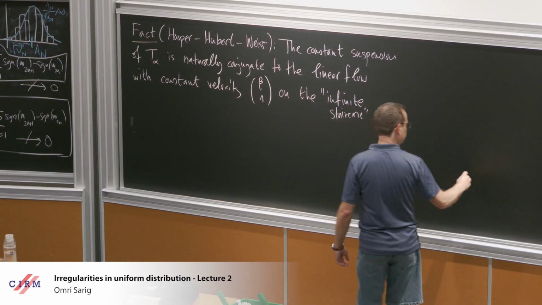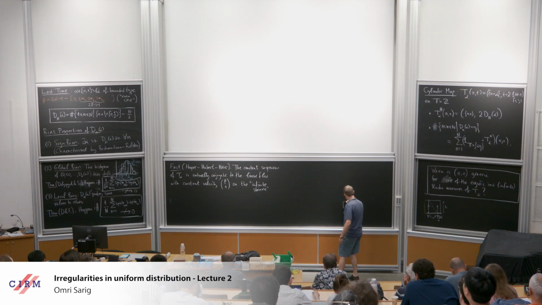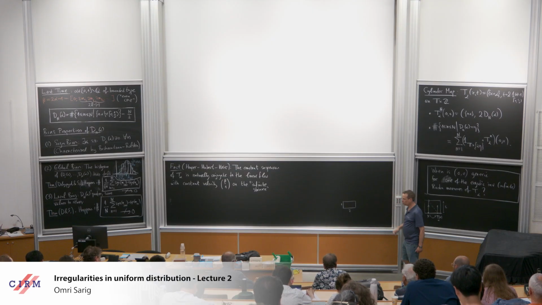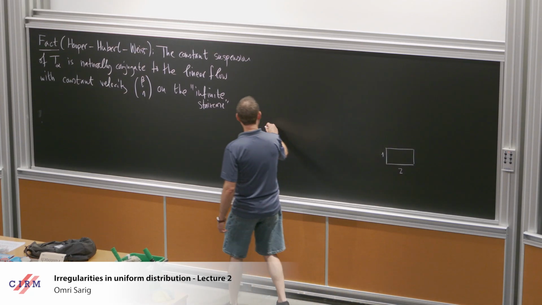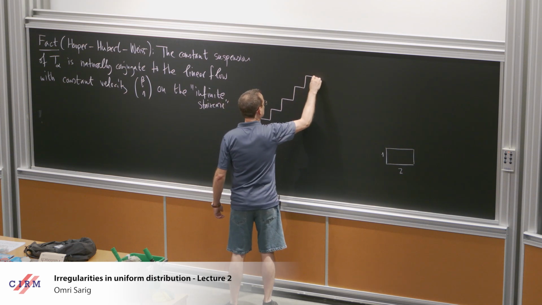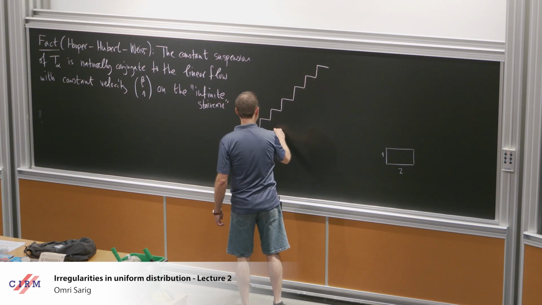So what is the infinite staircase? You start with a rectangle which has these dimensions, and then you stack it on top of each other infinitely many times, up and down. So you get something like this.